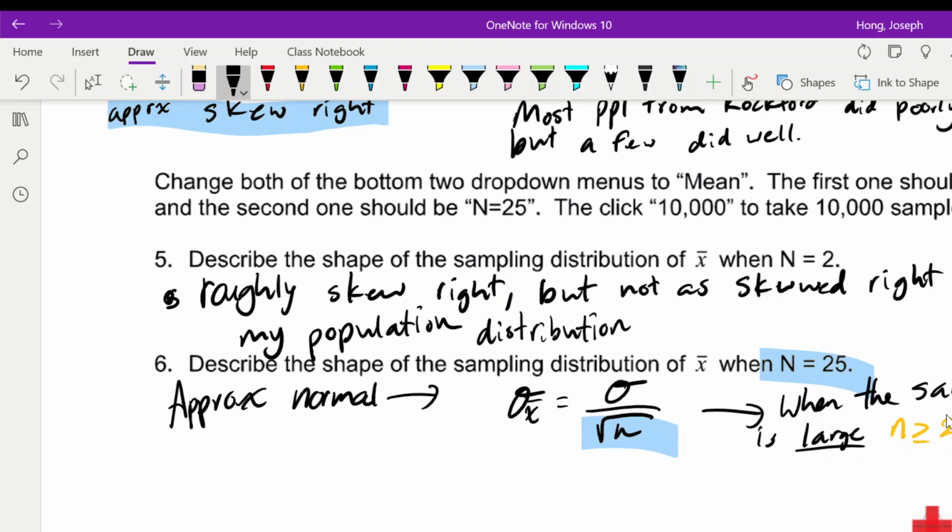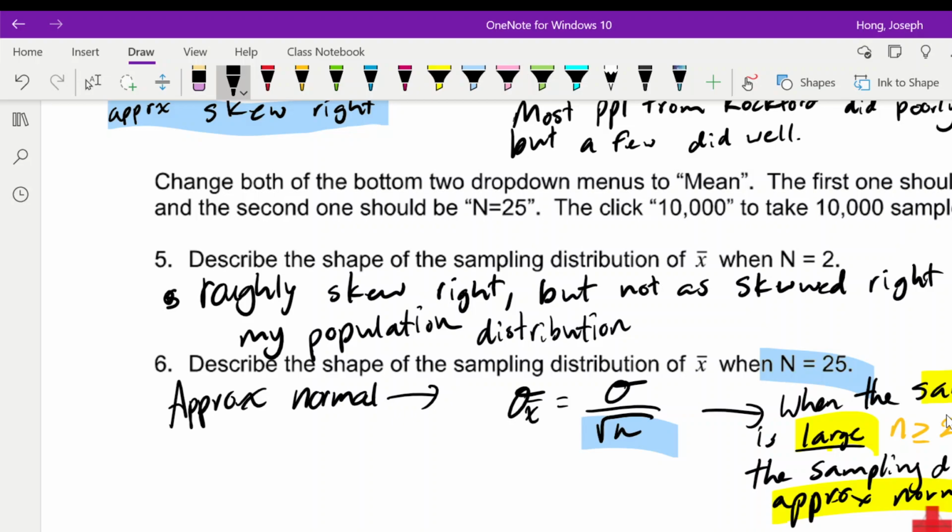The sampling distribution is approximately normal. So that's a safe thing for you to do. If your sample size is large, then you can assume that it's approximately normal. Not is normal, but approximately normal.